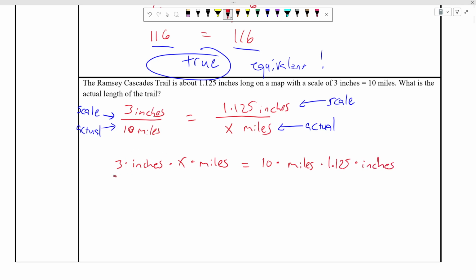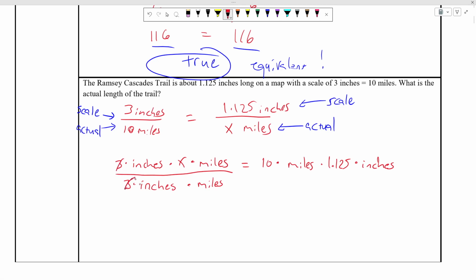Nice. So the goal here is to get x all by itself. I recognize the things that are happening to x is that it's being multiplied by 3 different things. Let's divide by those 3 different things in order to inverse it. So 3 times inches times miles.